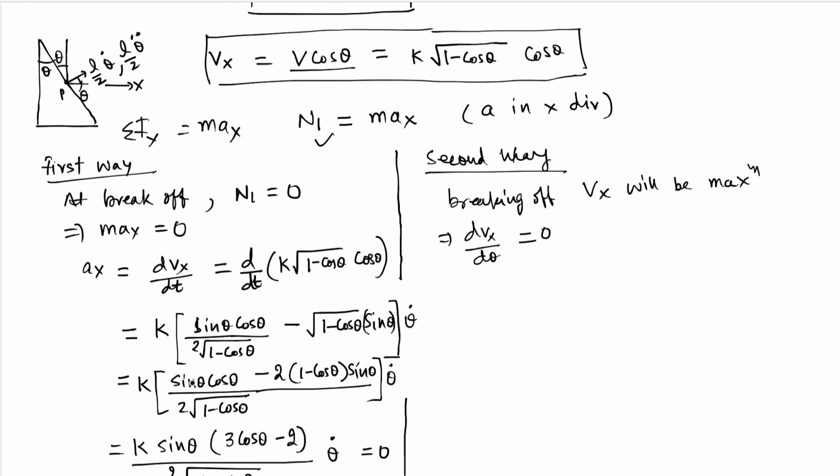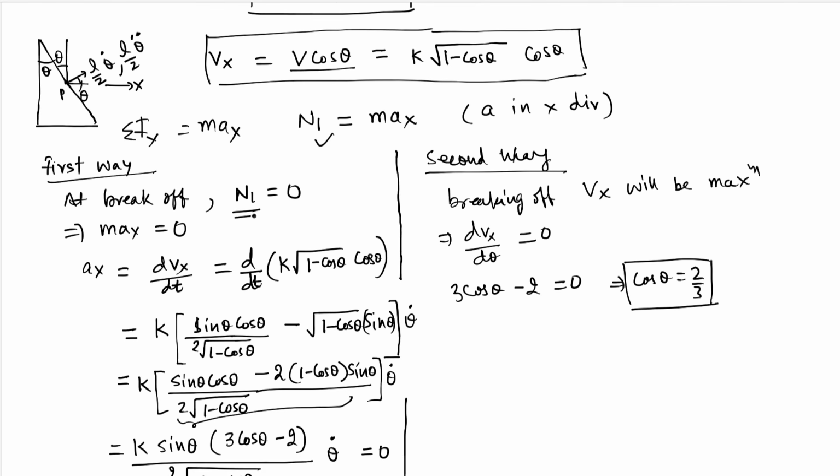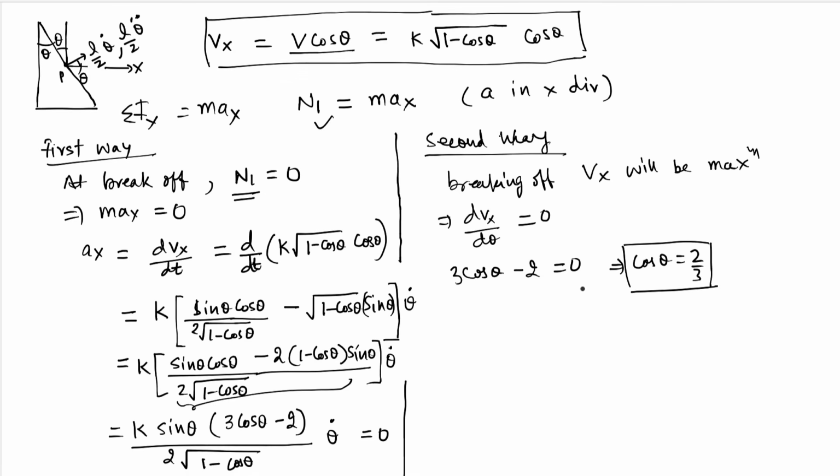And we know that we just computed the dVx by d theta here. This is d theta by dt. Therefore, we again get the same cos theta. 3 cos theta minus 2 should be 0. And therefore, cos theta is 2 by 3. Both are fine. We can use normal equal to 0, or we can say that when the velocity is maximum in the x direction, then only it will leave the wall.